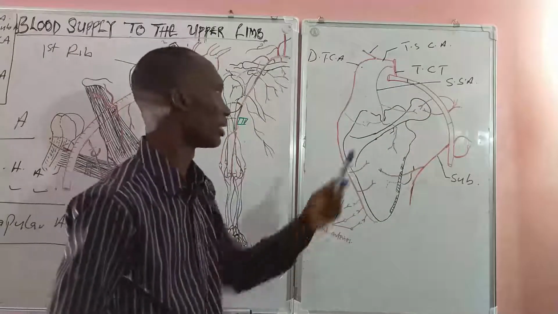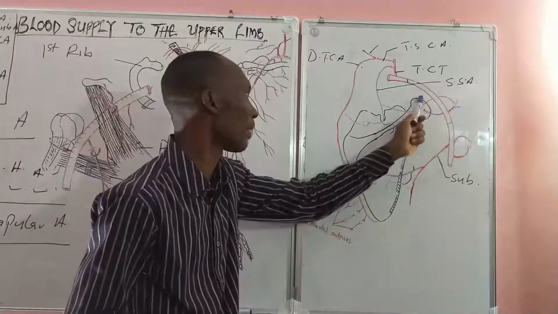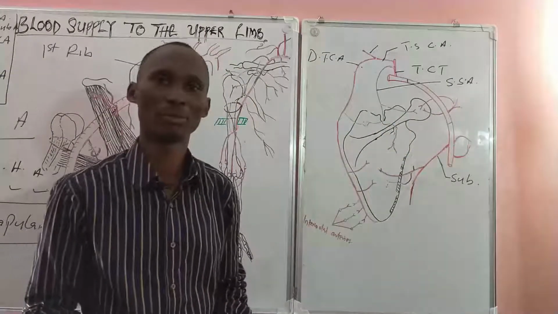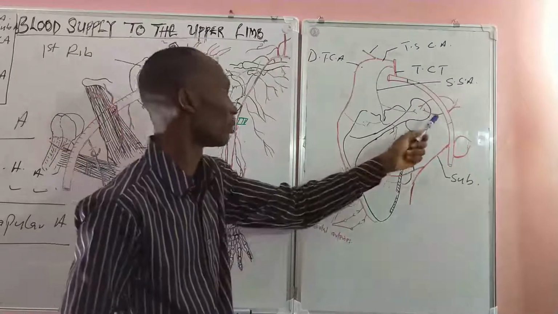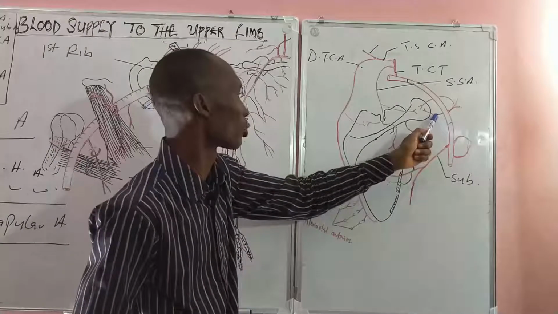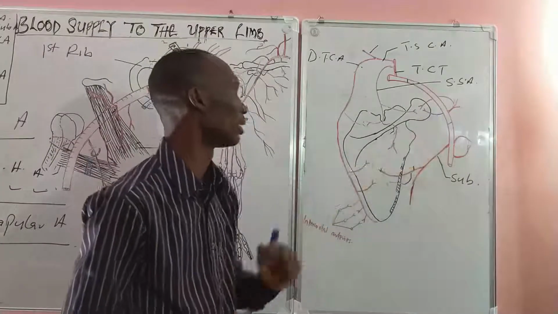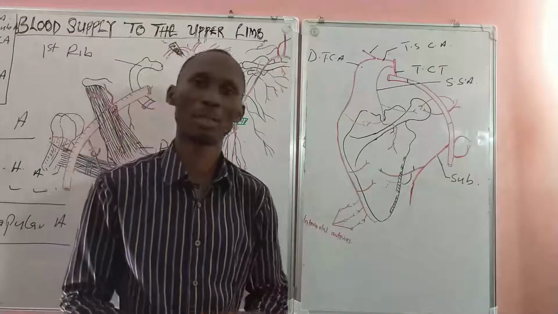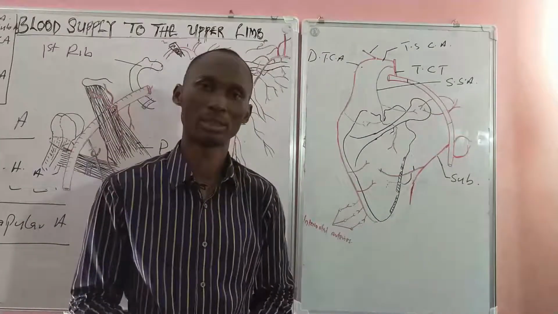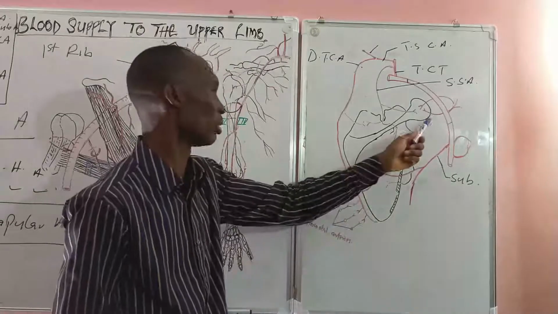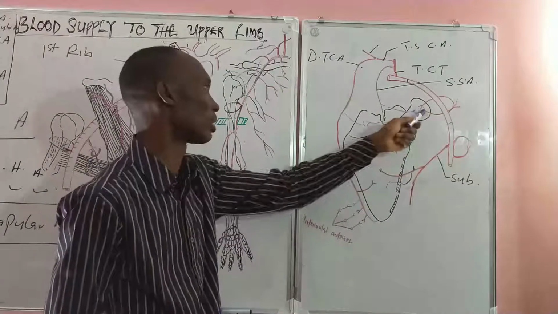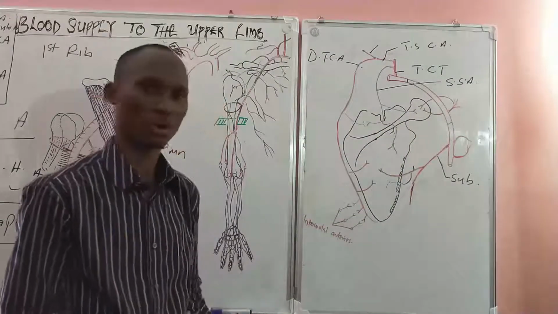If you can recall, the thoracoacromial artery is from the second part of the axillary artery, while the posterior circumflex humeral artery is from the third part of the axillary artery. So this is also another anastomosis we see around the scapula, which is happening at the acromion.